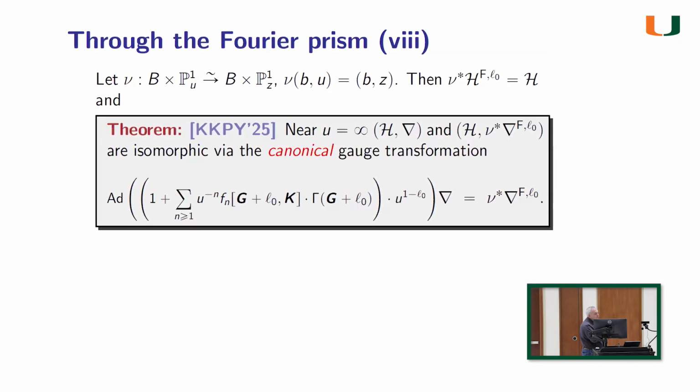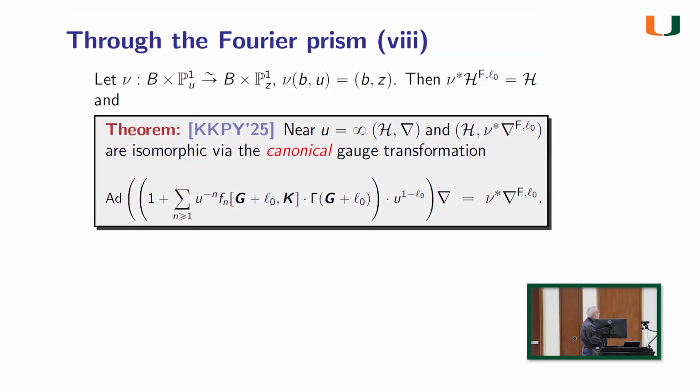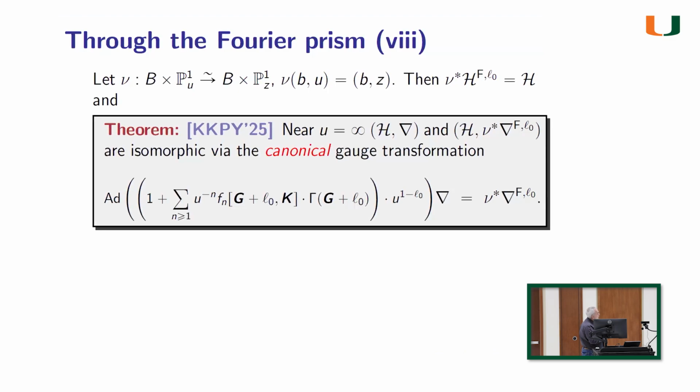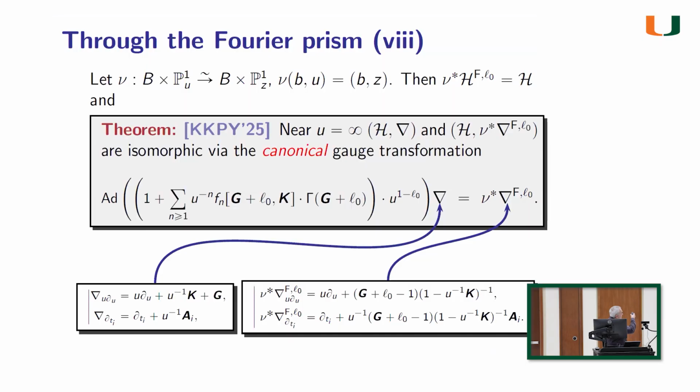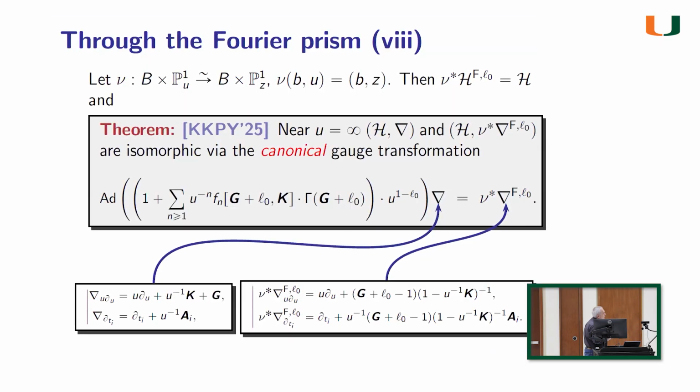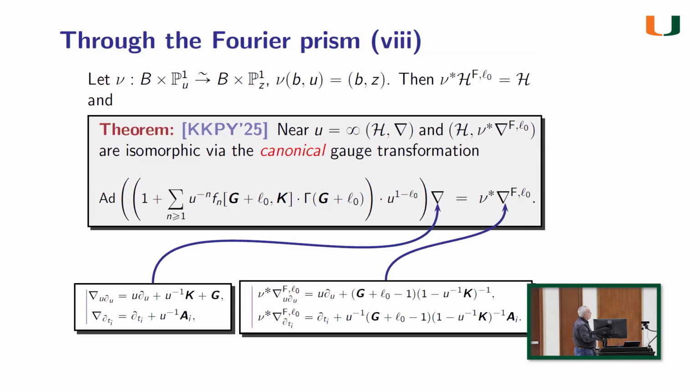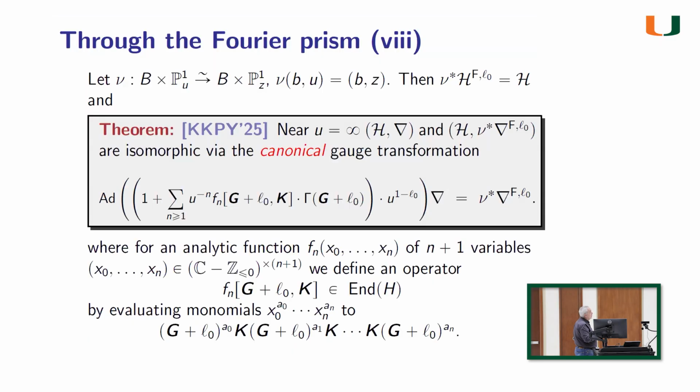This is near u equals z equals infinity, in a small disk near there. And so you see, the connections look very different, but they're gauge equivalent.